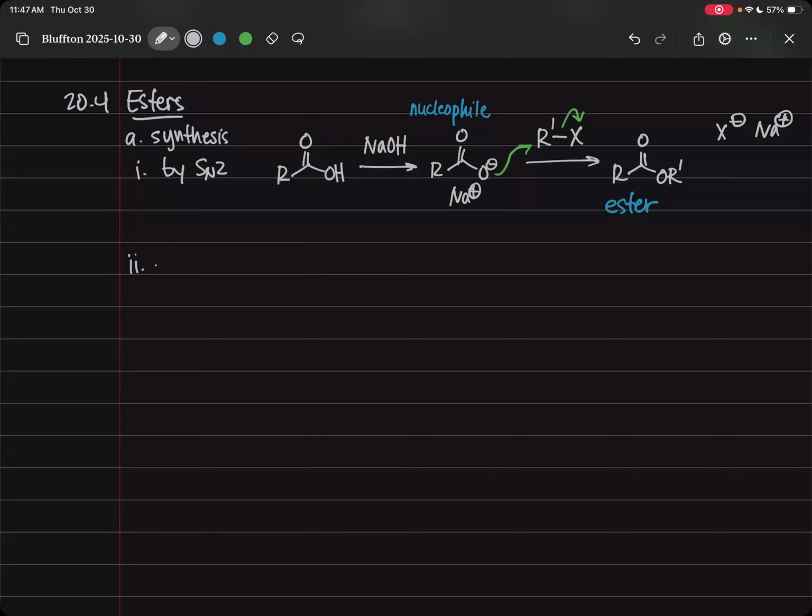The second one we have just done in lab, Fischer esterification. If you recall what we did in lab, we took a carboxylic acid. In our case, it was salicylic acid.